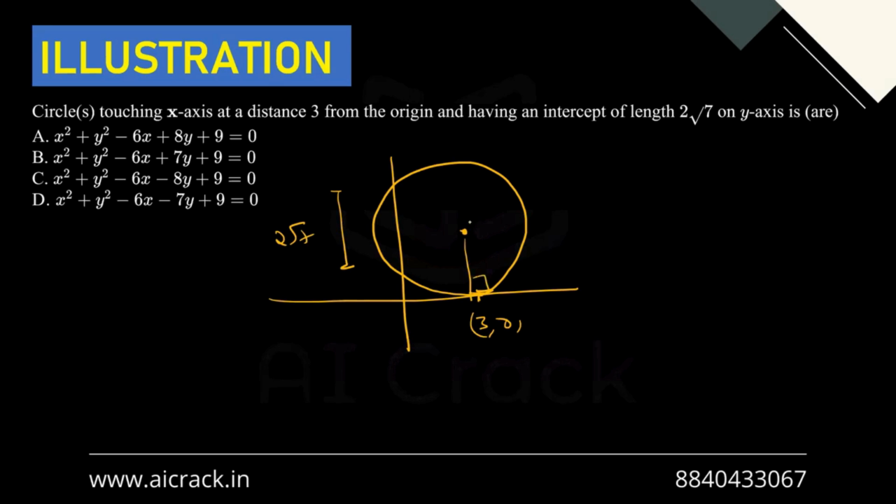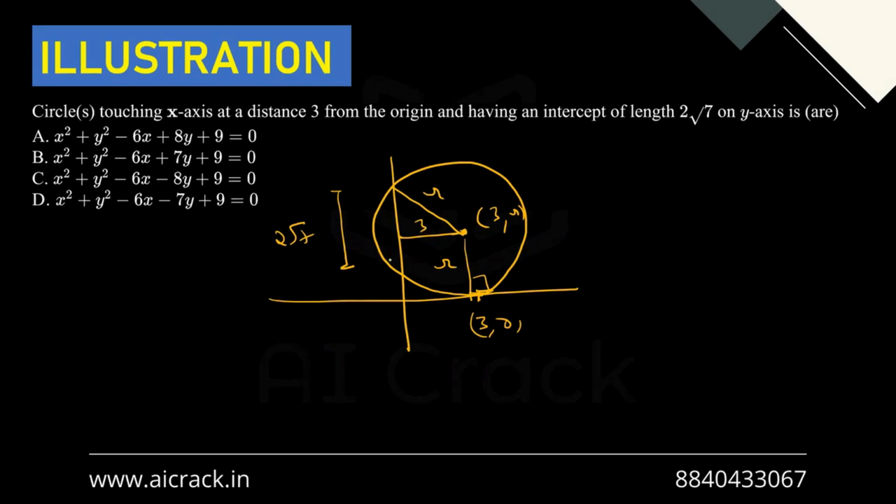So basically, the center also has the x coordinate of 3 and y coordinate of radius, because this is touching the x-axis. So this is radius, and this y coordinate should be equal to radius only. Okay. Now this is also equal to radius, and this distance is 3, right? As given in the question, this distance is 3.